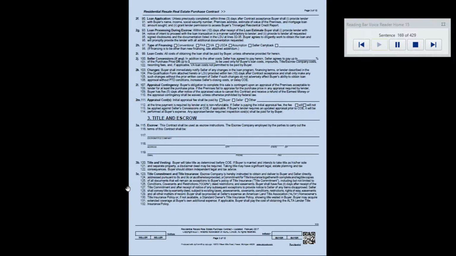Seller shall convey title by warranty deed, subject to existing taxes, assessments, covenants, conditions, restrictions, rights of way, easements and all other matters of record.